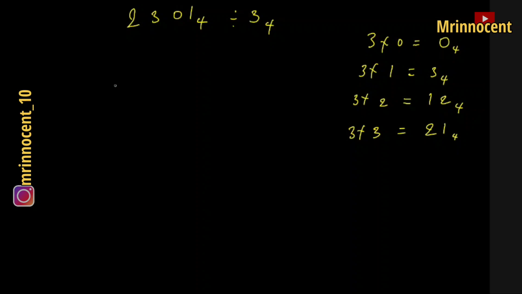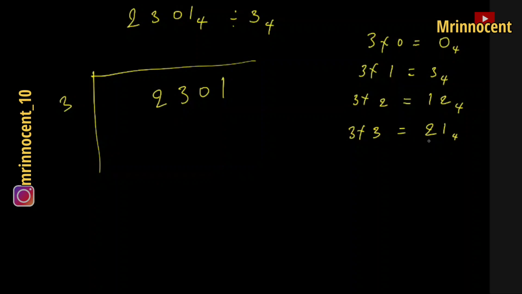So let's go back to our question. We have 2301 divided by 3. So 3 divided by 2 cannot, 3 divided by 23. So you come to your chart, look for a number that is 23 or a number that comes before 23.